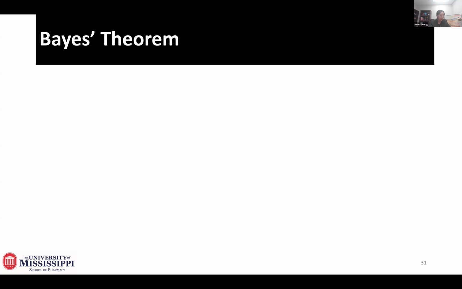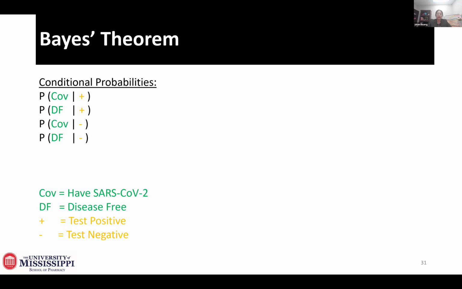Let me talk a little bit about what conditional probability is. In the COVID-19 area, you may ask, if you get a COVID-19 test, given your test result is positive, what is the true probability of you having COVID-19? This is called conditional probability.